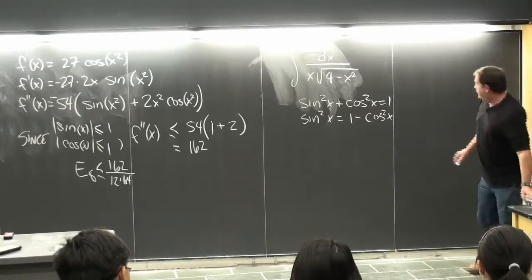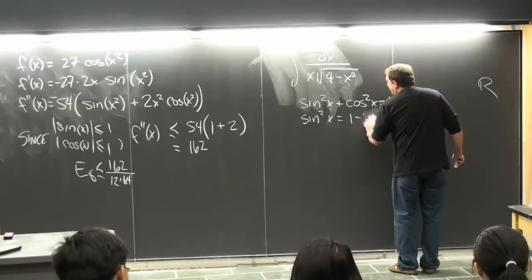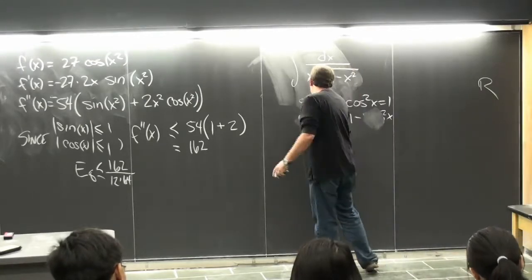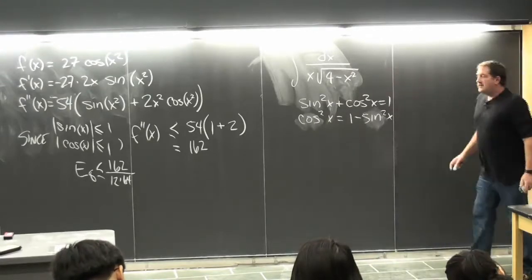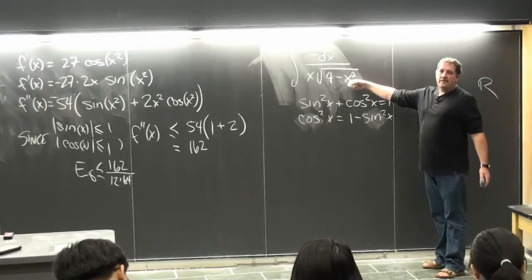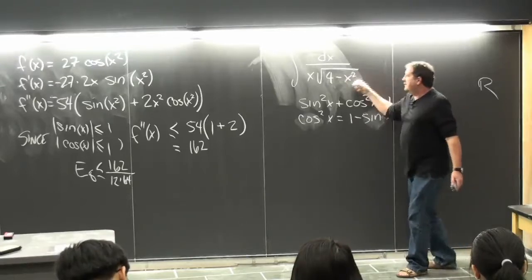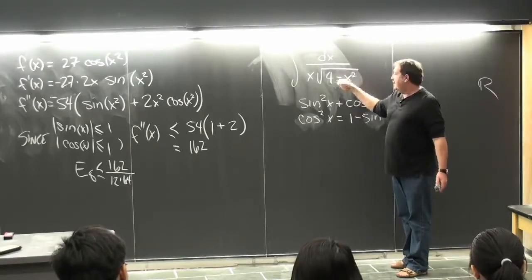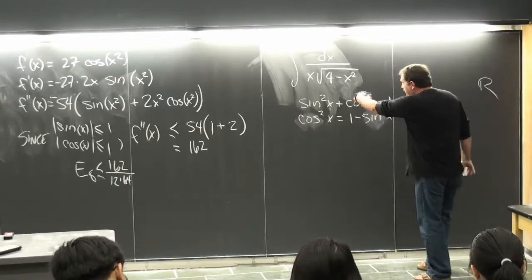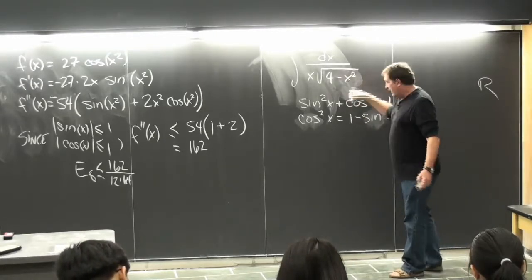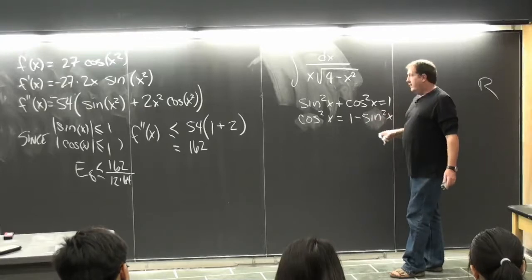Or maybe I wanted cosine, because you wanted arc sine. Okay. So rewrite it as cosine squared is 1 minus the sine squared. And so if this x were only some kind of sine, then what's under the square root would be a cosine squared, and I could take the square root, and it would be great. So I just want to transform this into something that looks like 1 minus something squared.